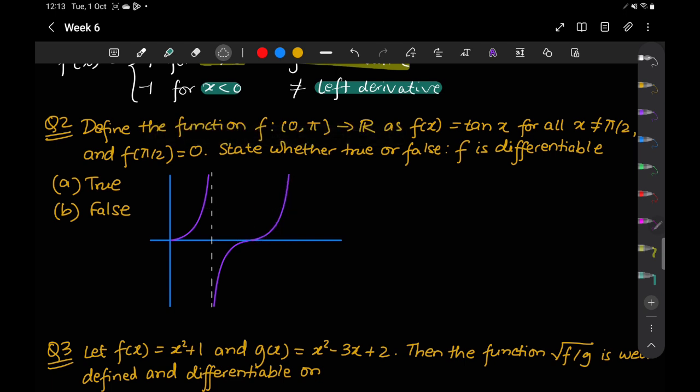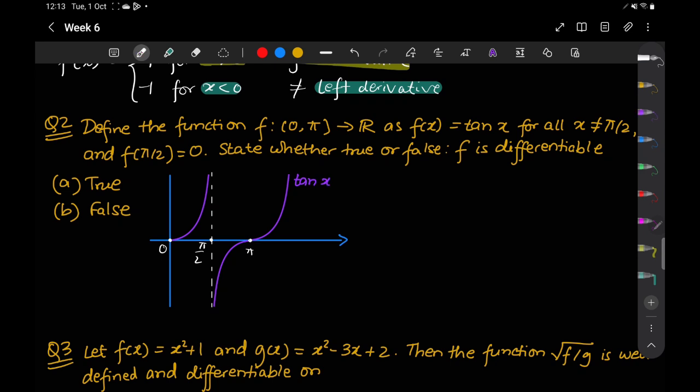Okay, so that's how the function will look like, and it will repeat because it's periodic. Tan x is periodic in pi. So this is 0, this is pi by 2, and this is pi. And the function is periodic in pi, so after pi it will repeat. And this is the function tan x.